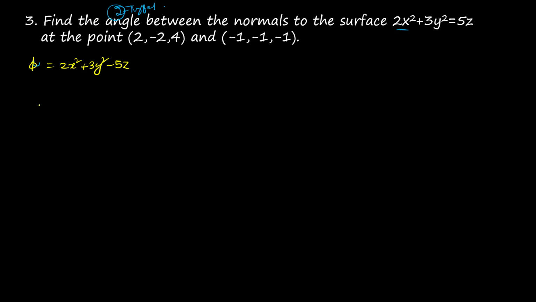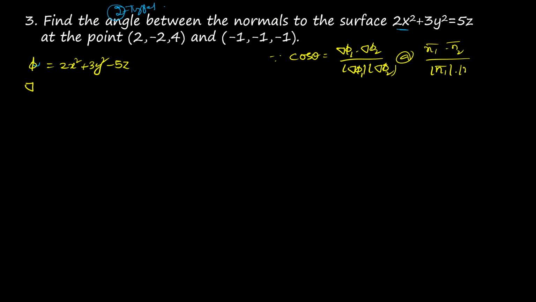Find del phi, because the angle between normal vectors to the surfaces is cos theta equal to del phi 1 dot del phi 2 divided by modulus of del phi 1 and modulus of del phi 2. Or we can write n1 bar dot n2 bar divided by modulus of n1 bar times modulus of n2 bar.